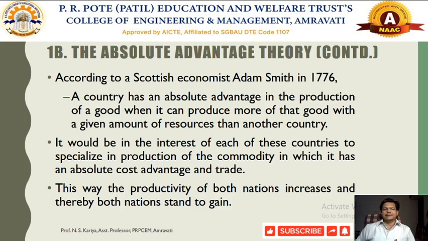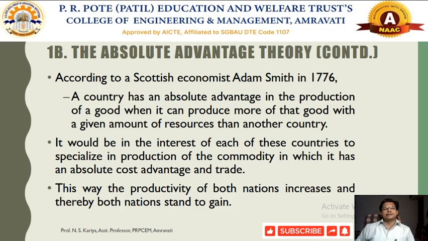Say for example, India and Great Britain. They are the largest trading partners to each other. Similarly, other countries also. India will export iron ore, textile, food grains, software to these nations. Similarly, we are importing technological goods from Britain.